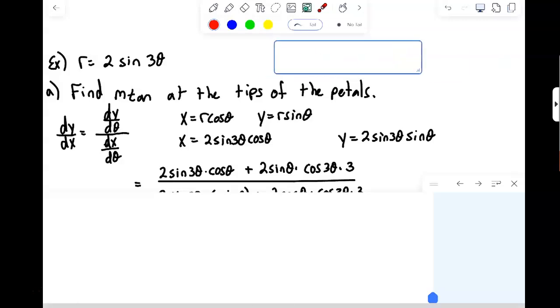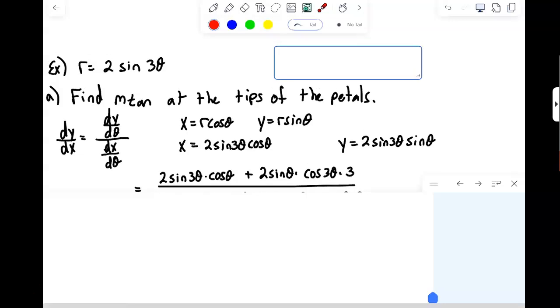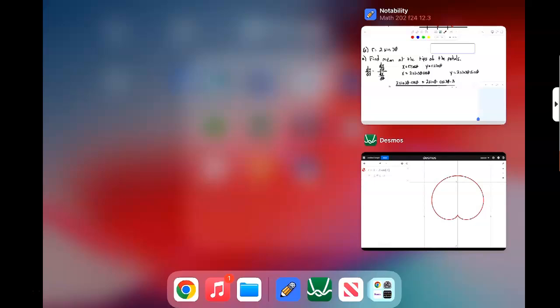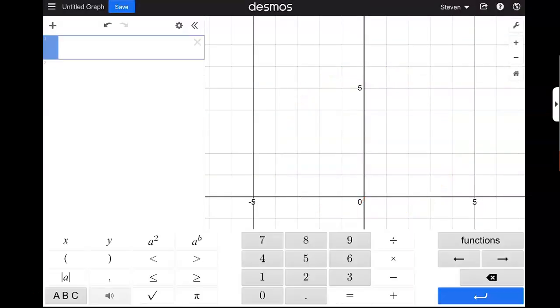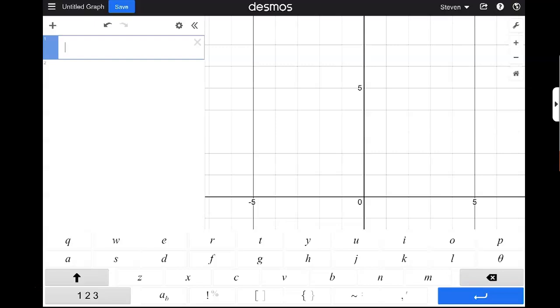Or we can use a little bit of technology and plot the graph. So I'm going to explain it to you the by hand way, and then I'll also explain it to you graphically. I'm going to start with the graph version first.